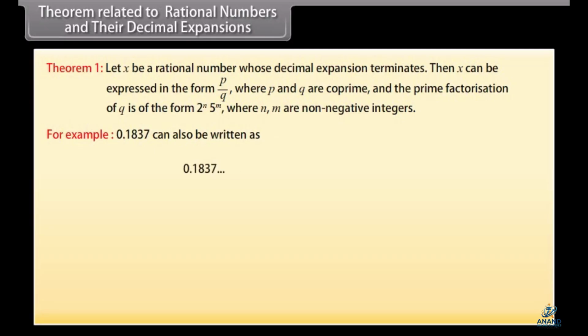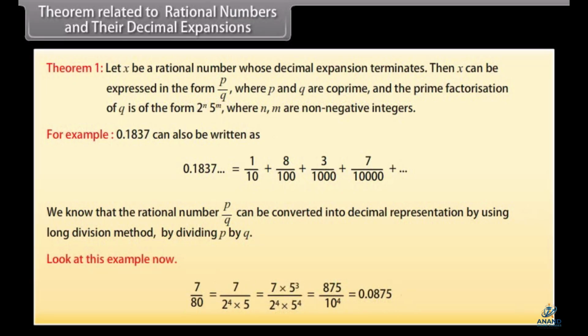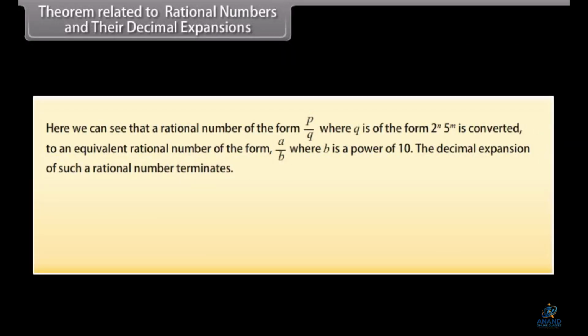0.1837 can also be written as a fraction. We know that the rational number p upon q can be converted into decimal representation by using the long division method, by dividing p by q. Look at this example now. Here we can see that a rational number of the form p upon q, where q is of the form 2 raised to the power n, 5 raised to the power m, is converted to an equivalent rational number of the form a upon b, where b is a power of 10.